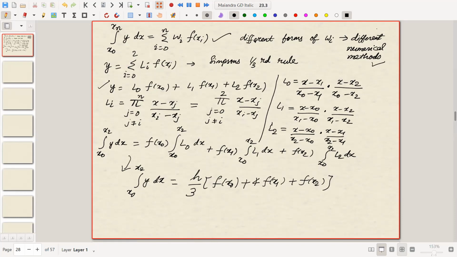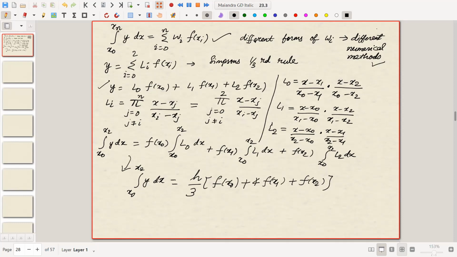Okay. So similarly, you can write composite Simpson's rule as well. Can you say how the composite rule looks like without even doing any writing? Now you have to take small intervals and add them up, right?